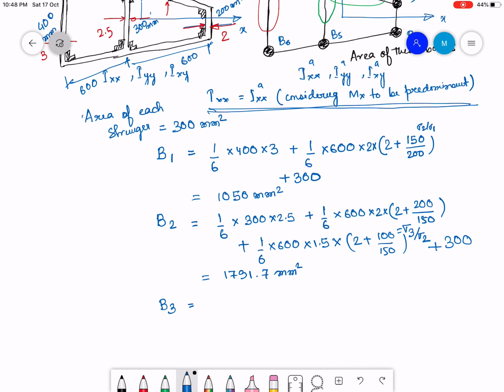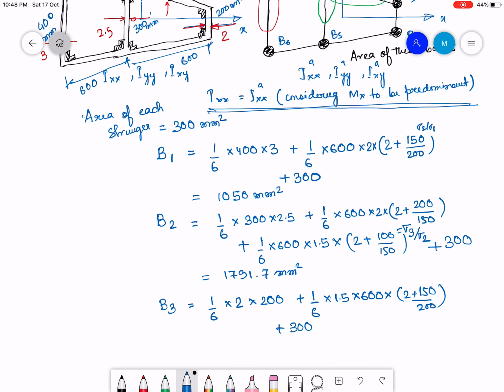Okay, so similarly I can find out B3, which is also going to be very straightforward. So it is going to be 1/6 of the area of web, which is 2 into 2 into 200, plus 1/6 of the other portion, plus 300.